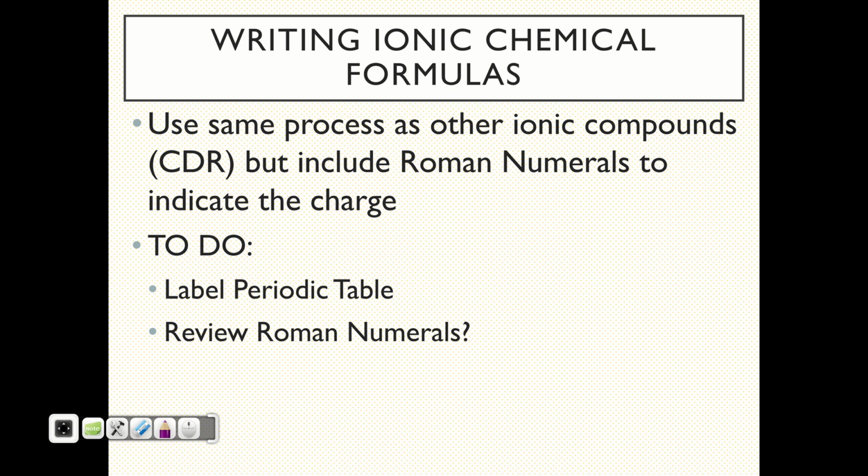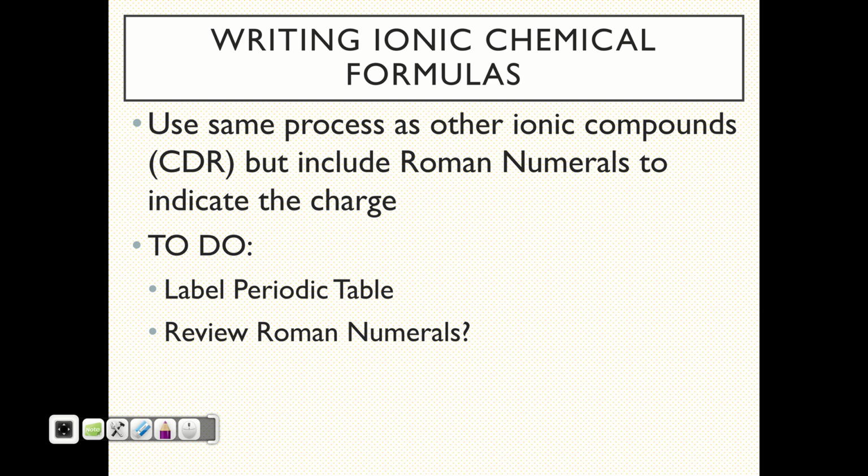All right, we're going to use the same process as ionic compounds with the cross-drop reduce method, but then we're going to have a Roman numeral to indicate the charge. We need to know Roman numerals basically up to 7.